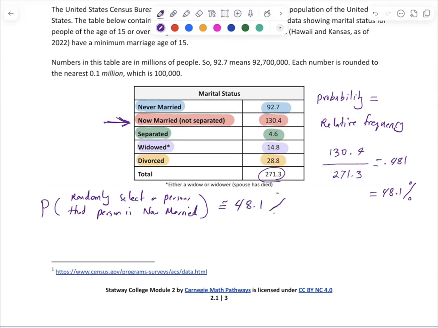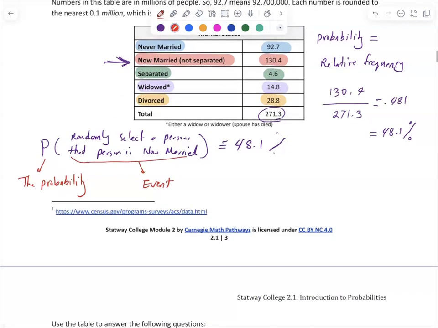So this is the probability of this event. Your event is basically that you randomly select a person and that person is now married. Like you're walking on campus and you see a person and you're wondering what is the probability that person is never married, or what's the probability that person is separated? You can do the computation for each one of these categories separately.